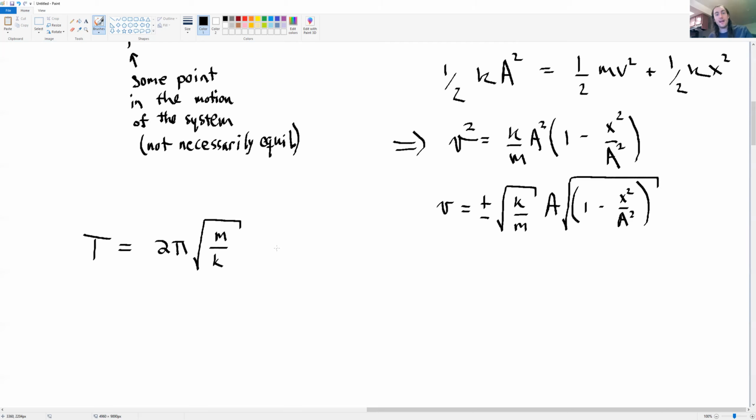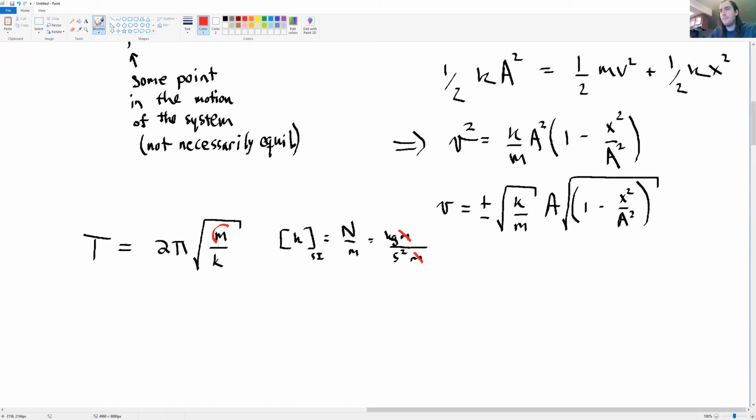You can check that that actually has units of seconds. The units of the spring constant are newtons per meter. So this is SI units, newtons per meter. And a newton is a kilogram meter per second squared. So kilogram meter per second squared divided by meters. Cancel meters, boom, boom.